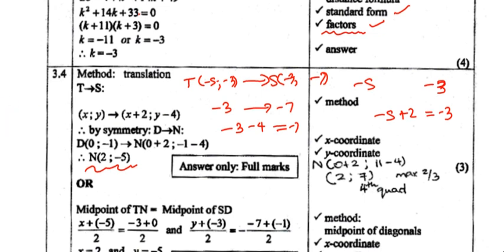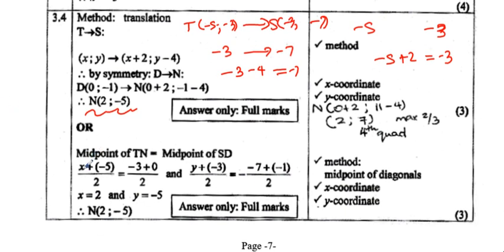Or you could use the midpoint, as I said to you, that the midpoint of TN is equal to the midpoint of SD, and you call your point N to be x and y. So x plus minus 5 divided by 2 is equal to minus 3 plus 0 divided by 2.